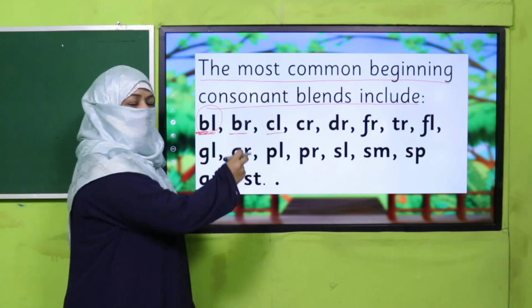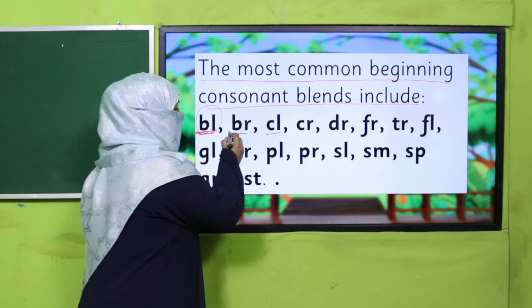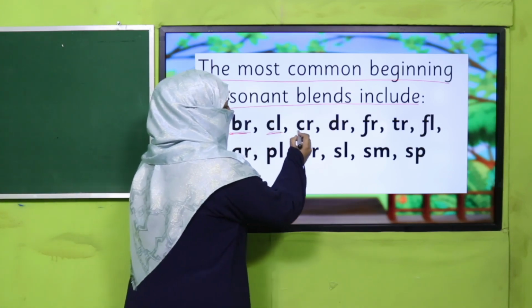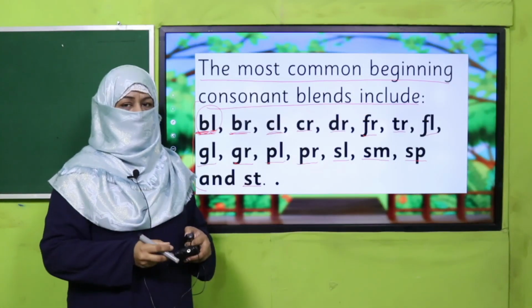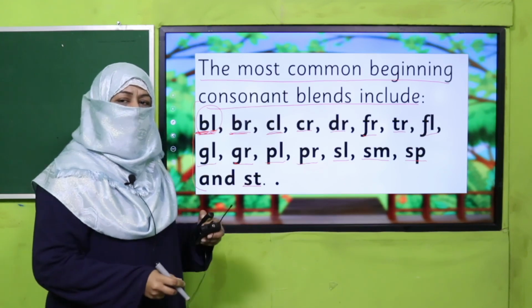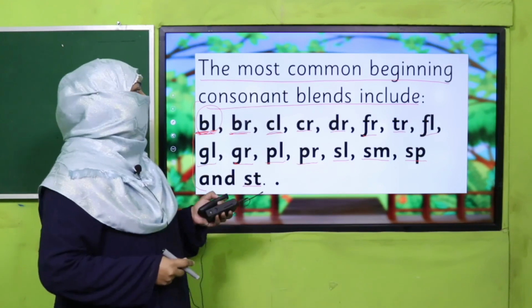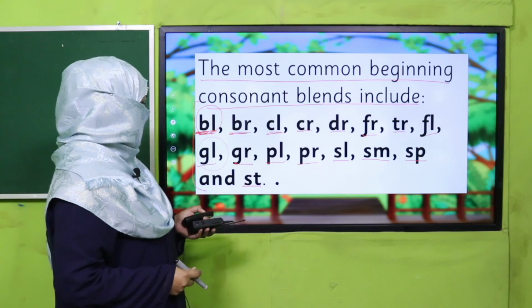It's L. So how will you say it? Bl, br, cl, cr, dr, fl, fr, gl, gr, pl, pr, sl, sm, sp, and st. Mostly you will find these consonant blends at the beginning of a word. So wherever you find them, let's practice it further.